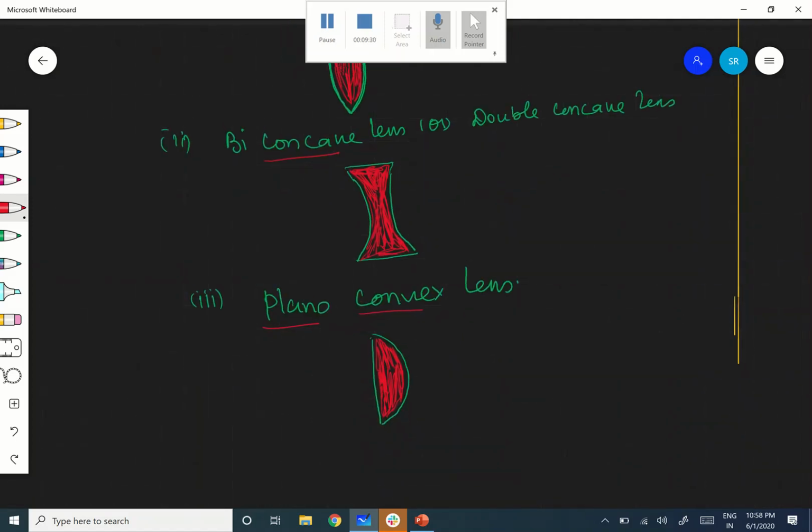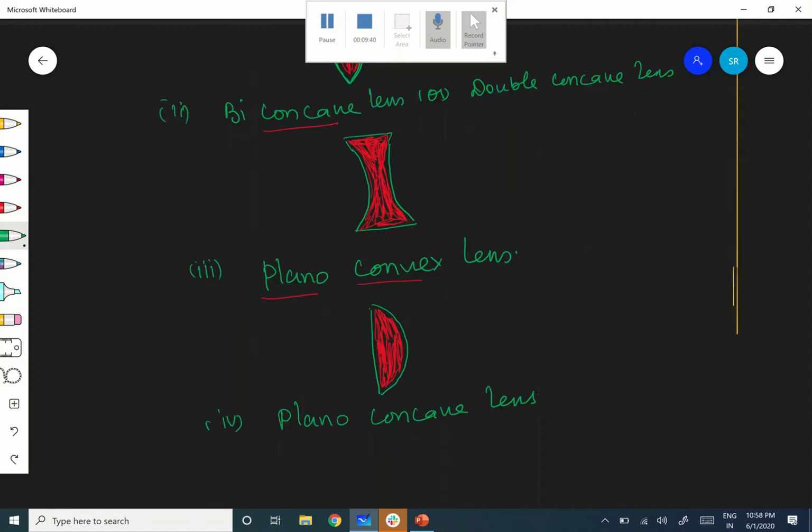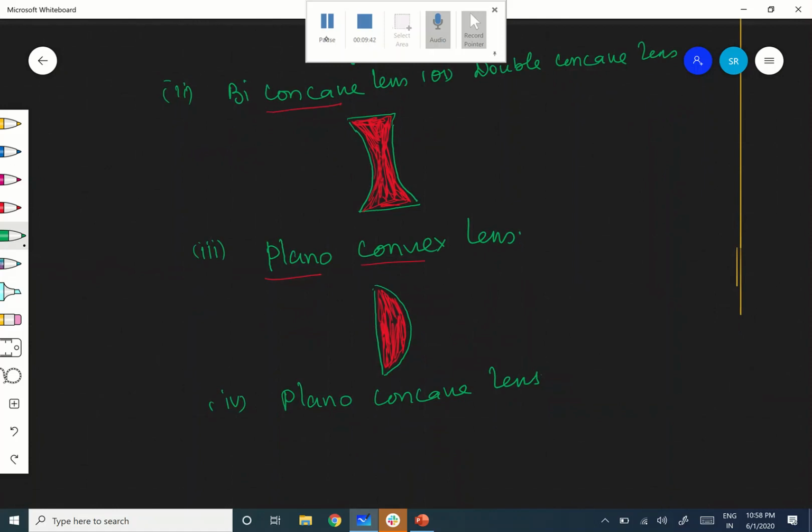Next one, definitely a plano concave lens. Plano concave lens means one side is plane and the other side will be concave.